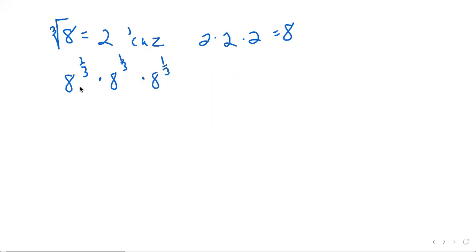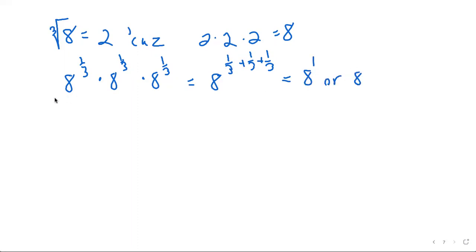Well, we notice that if I take one of those times it again times it again, well, that adds up to be 8 to the 1/3 plus 1/3 plus 1/3, and that's 3/3, which is 1. That means 8 to the 1 is just 8.